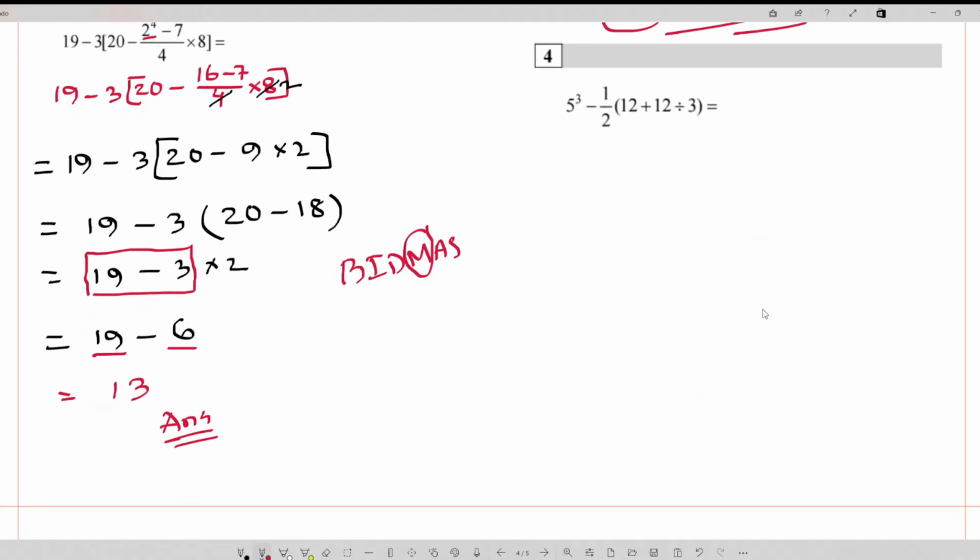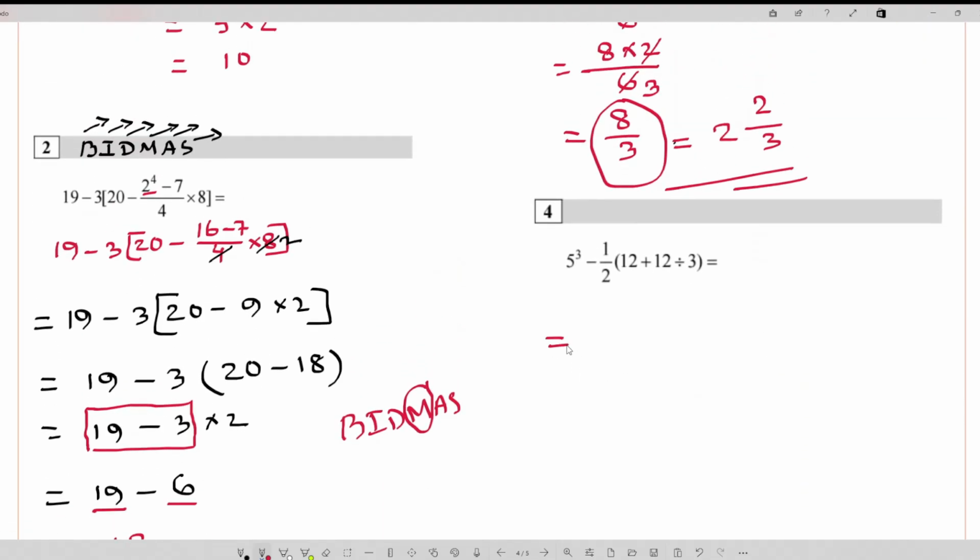Number 4, 5 cube minus 1 by 2 times 12 plus 12 divide 3. So here first 5 cube minus 1 by 2, we have to do the bracket work first, and then here is plus and divide, we have to finish division work first.